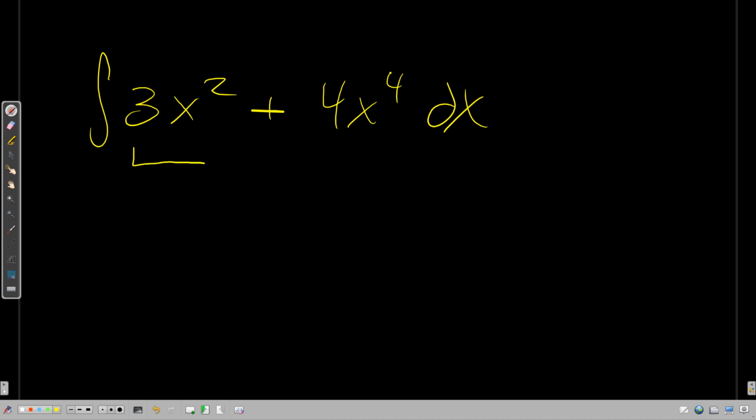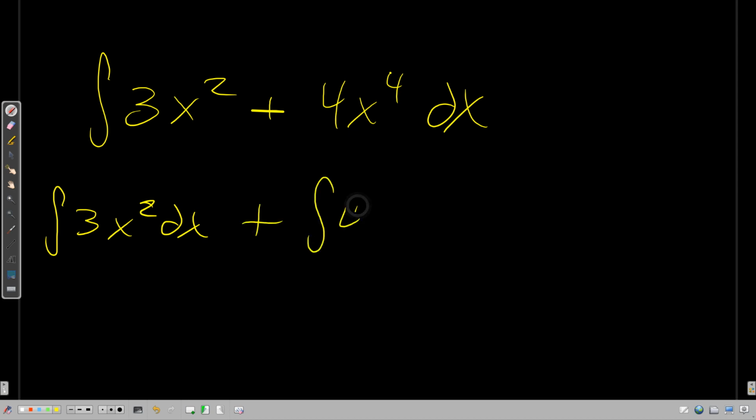We don't explicitly have an antiderivative rule for a function like 3x squared, and we definitely don't have an antiderivative rule for this polynomial, but what we had was that you could integrate term by term.